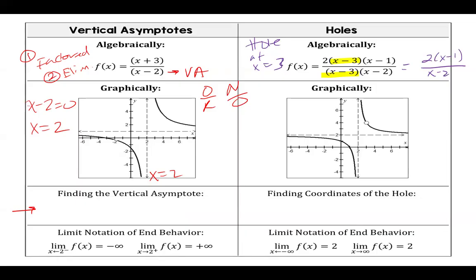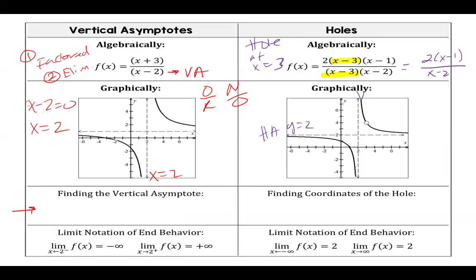So graphically, when you're looking at it, notice that I have 3 discontinuities here, right? I have a horizontal asymptote at y equals 2, which makes sense because the degree of my numerator and the degree of my denominator are the same. So all I'm doing is using their leading coefficients, correct?